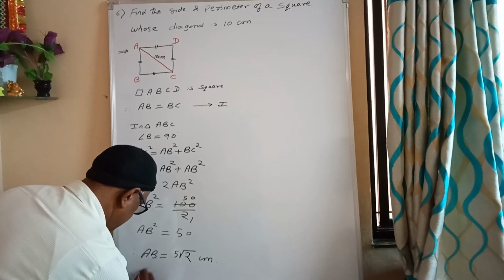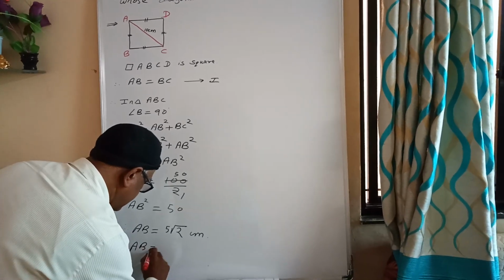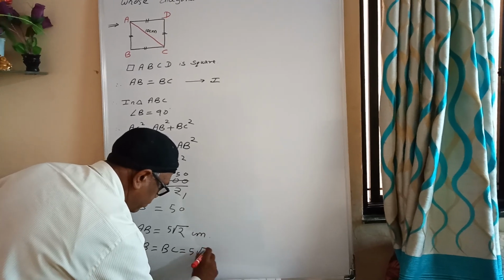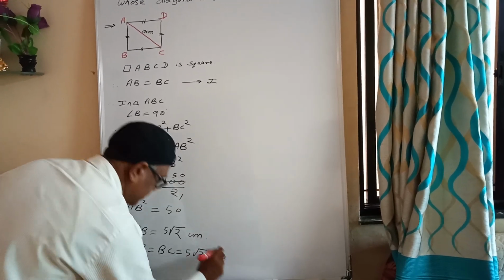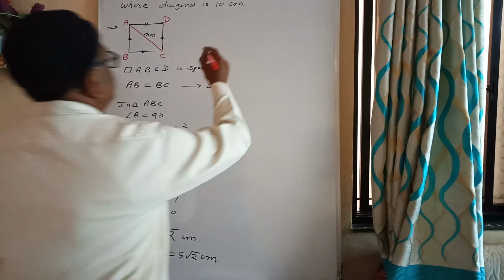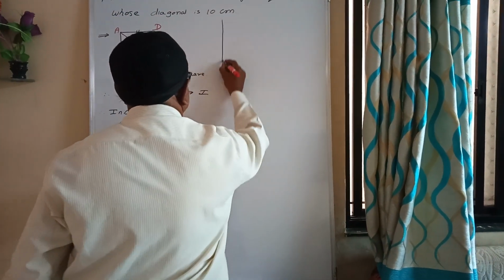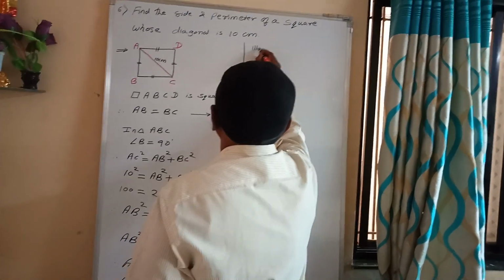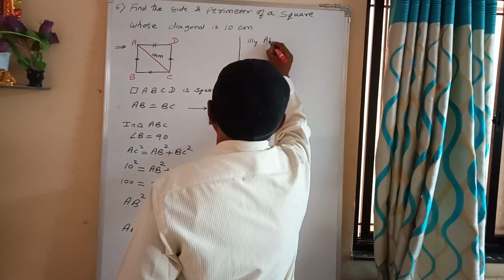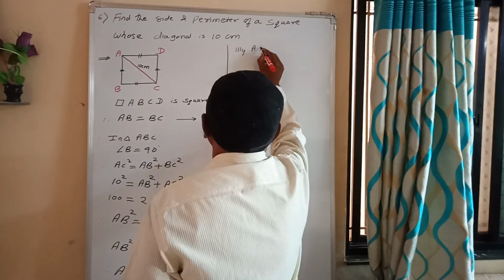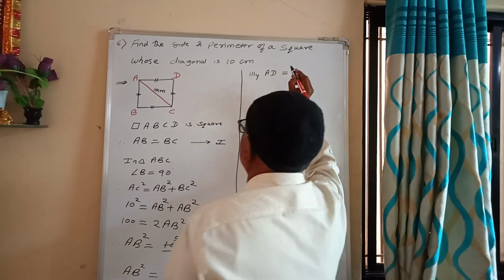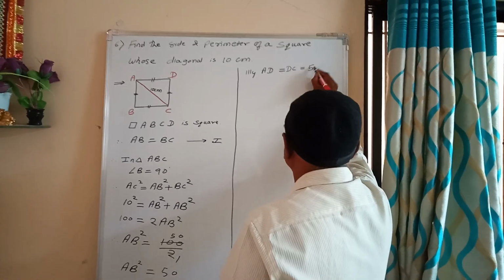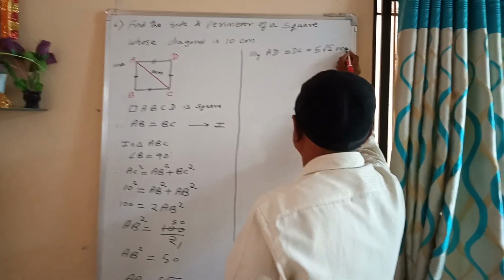Therefore AB is equal to BC, which is equal to 5 root 2 centimeters. Similarly, AD is equal to DC is equal to 5 root 2 centimeters.